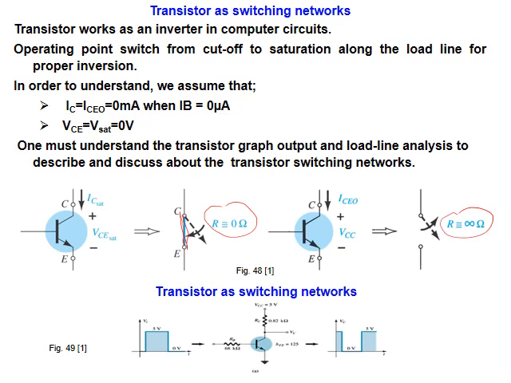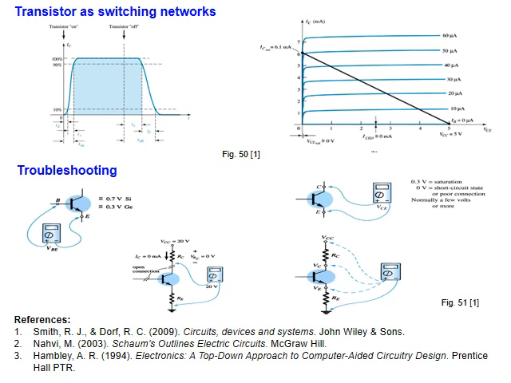This is ideally. This is how we deal with it: when it is open circuit, the voltage across it is full, and when it is short circuit, it is 0. But what happens exactly is that it does not jump directly from 0 to the full voltage or full current. No, it takes time to increase, exponentially.